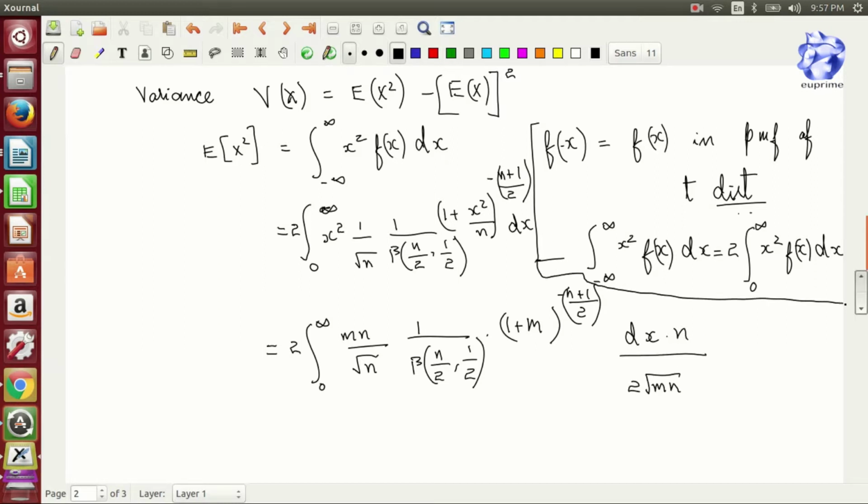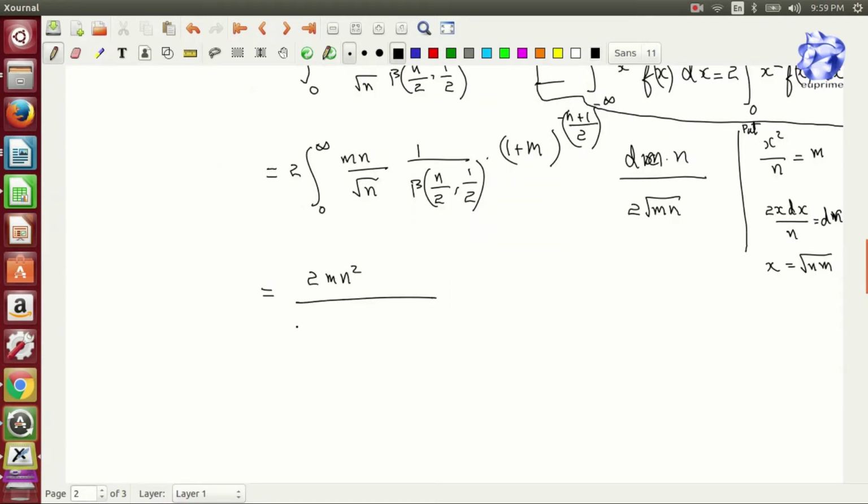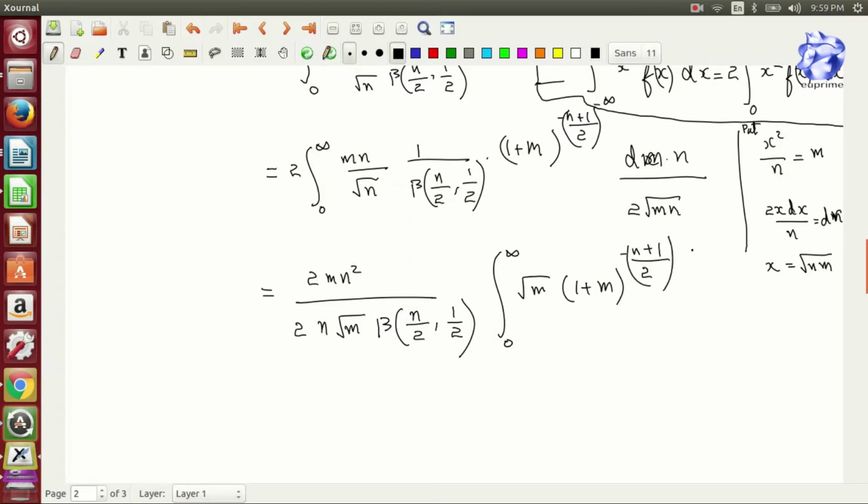We separate dx, and by substitution we put x square by n equal to m. On differentiating that we get the following, finally resulting in x equal to root of nm, and that we replace into the equation.